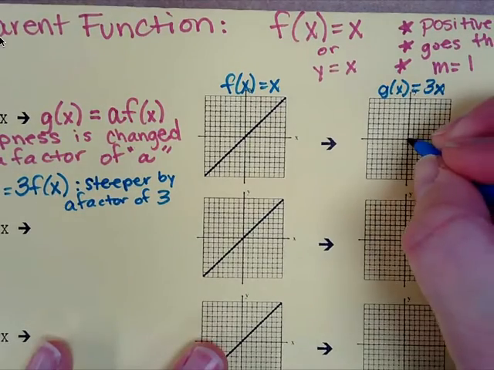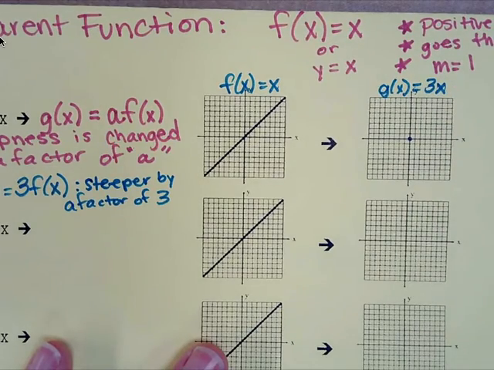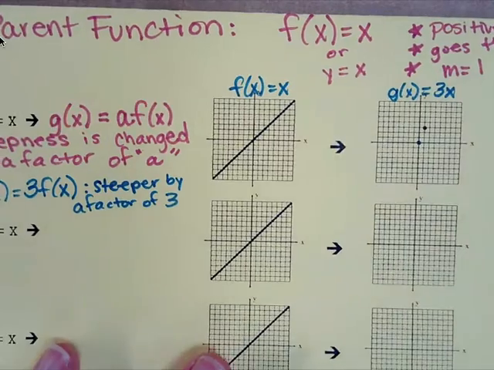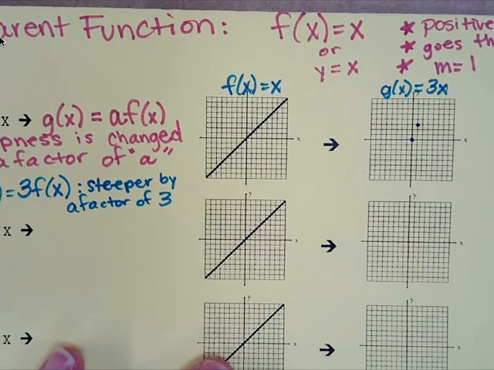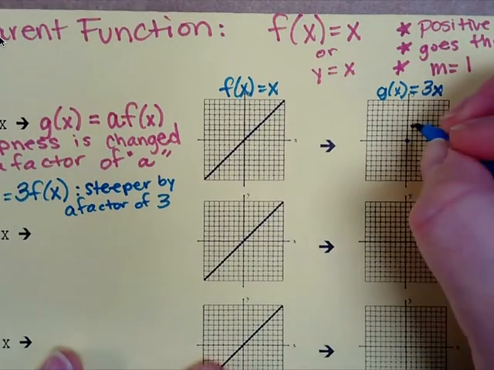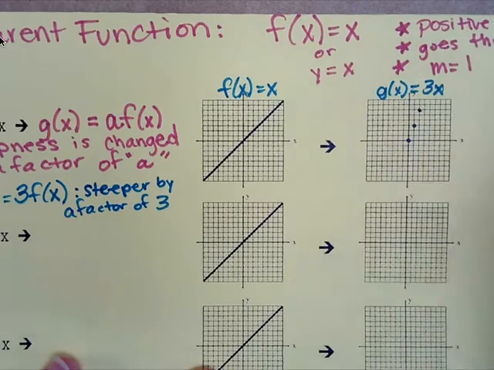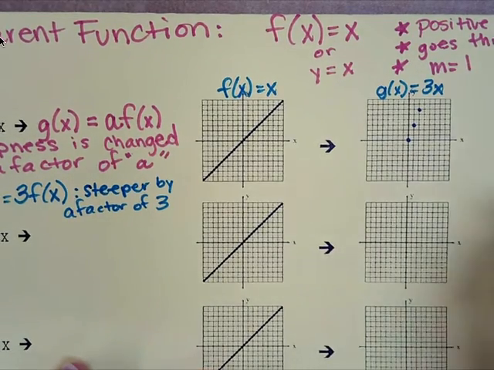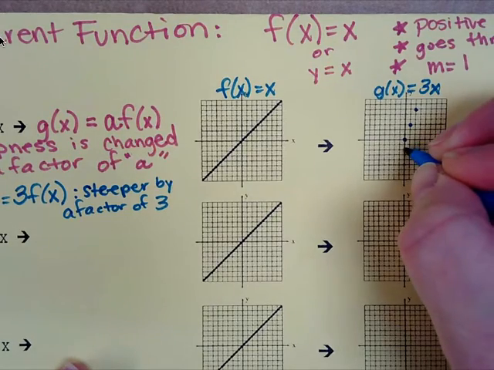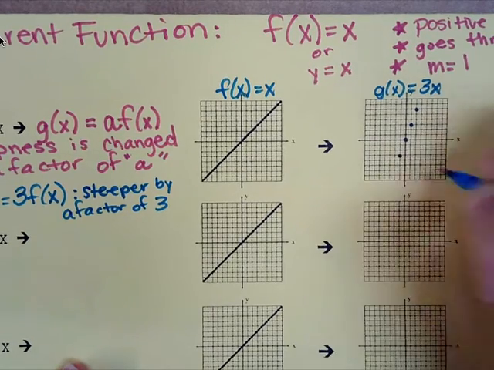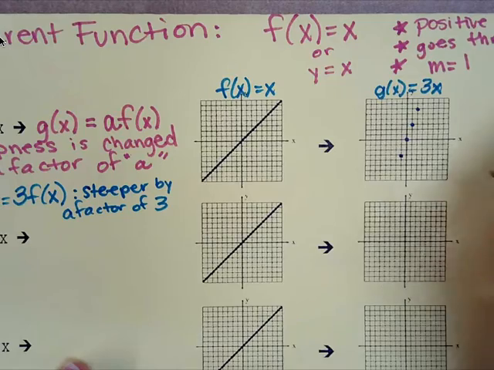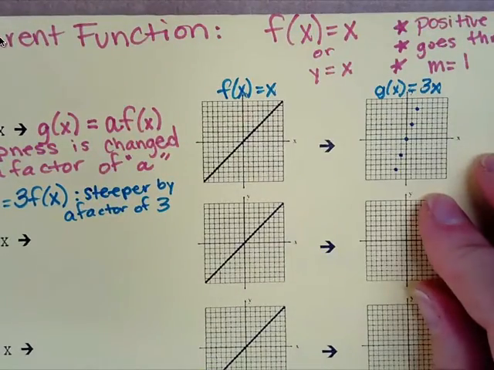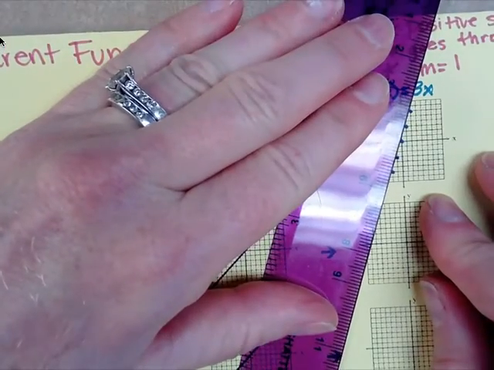So our y-intercept is 0. Our slope is 3. So that means I'm going to go up 3, right 1. These graphs are tiny. Up 3, right 1. And then we're going to go down 1, 2, 3, left 1. Down 3, left 1. That's all we can do. Use your ruler to make a straight line.